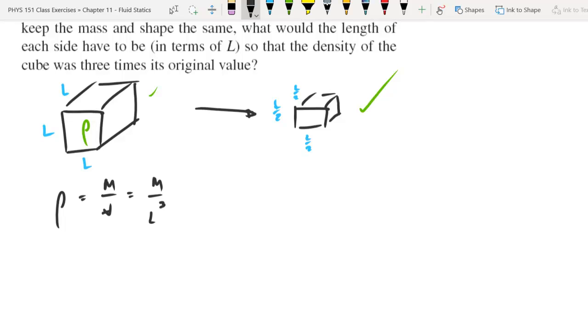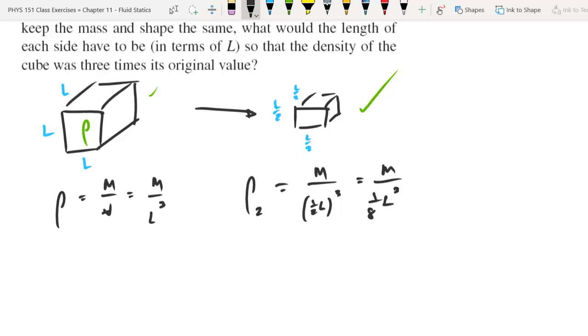Then the density of the one over here that we've compressed, I'll call this rho 2, density 2. This one is going to be the same mass divided by a volume, but the volume here is still a cube, but now it's 1/2 L cubed, right? So this is mass over 1/2 cubed, which is 1/8, times L cubed. Okay, and then we divide by 1/8.